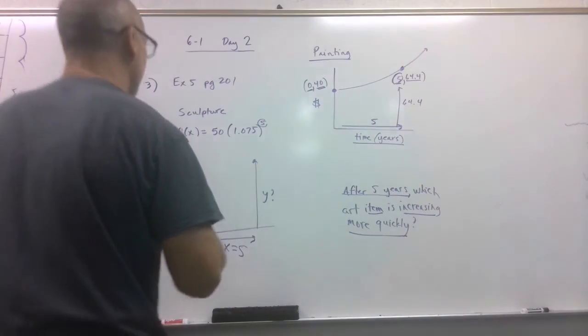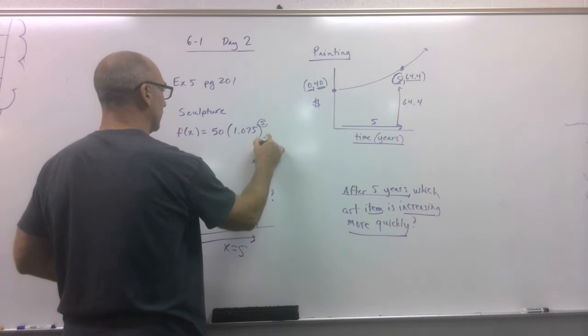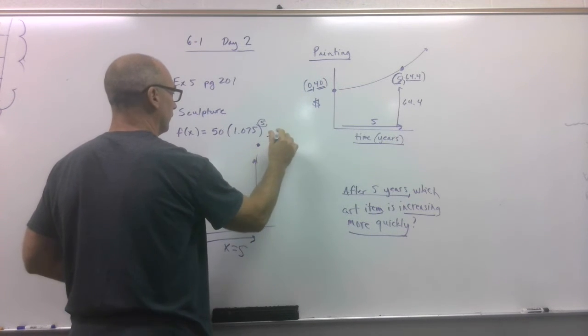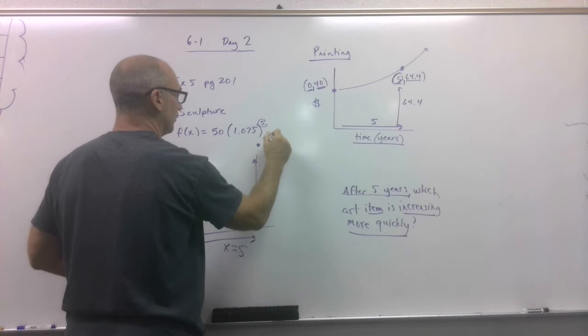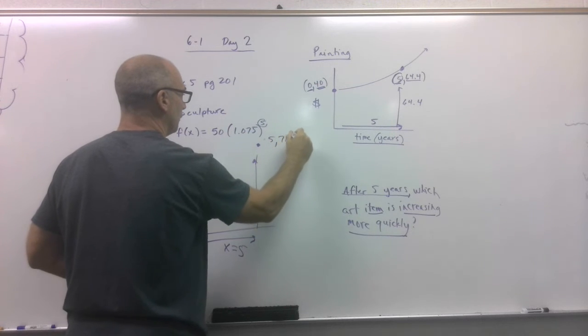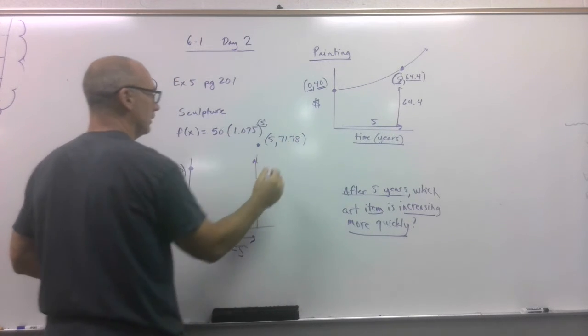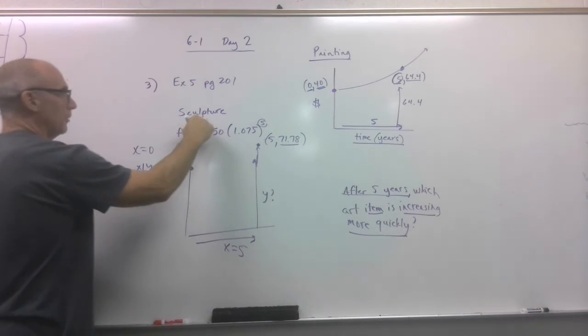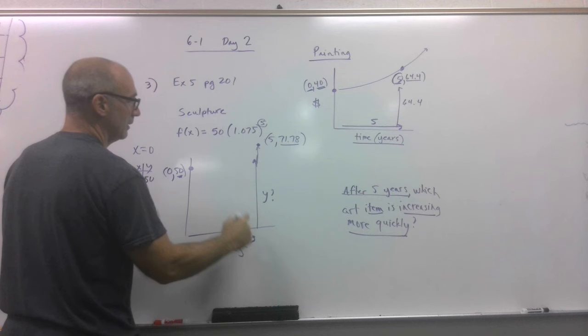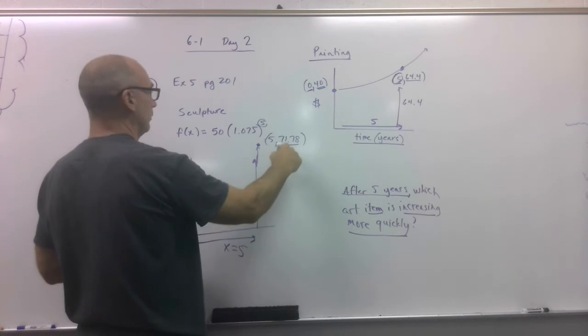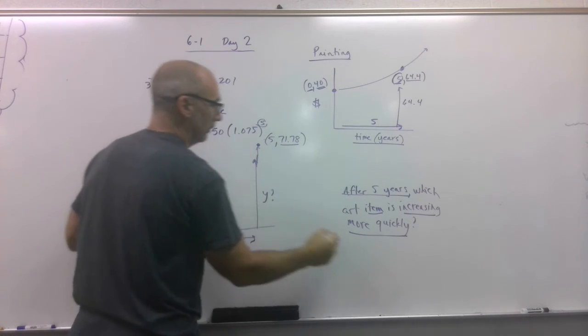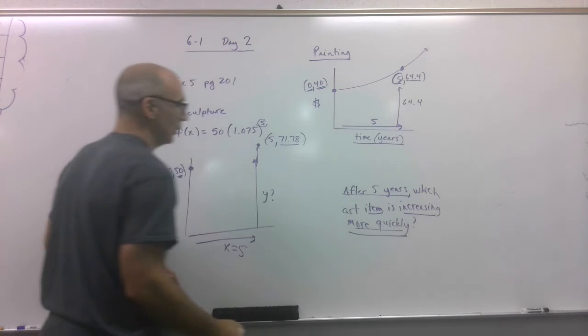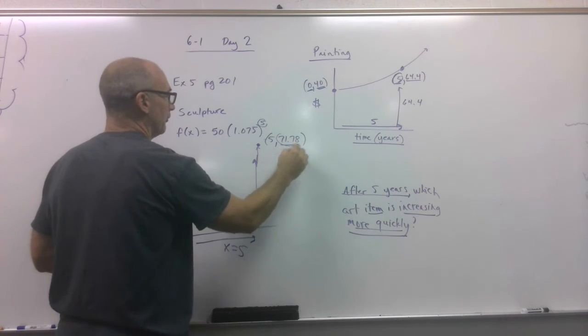Okay, I found the value. It is 571.78. So that's how much the sculpture's worth after 5 years. Now some of you are going to say, well, it's the sculpture that's increasing more quickly. No, you're just looking at the value.